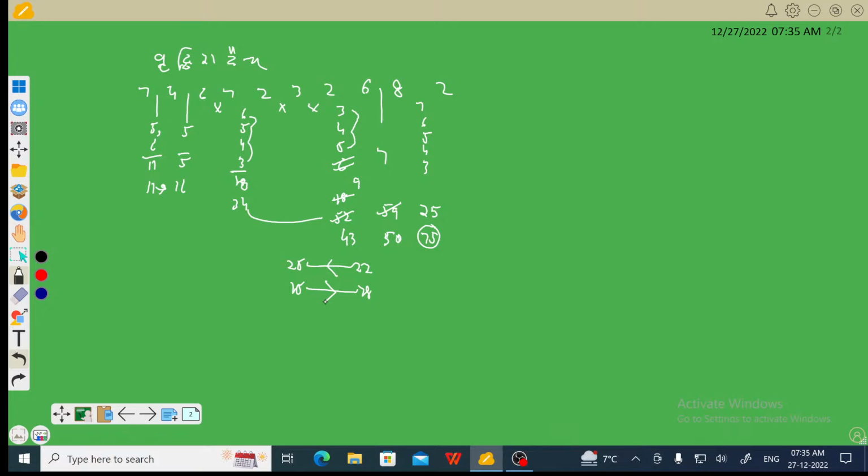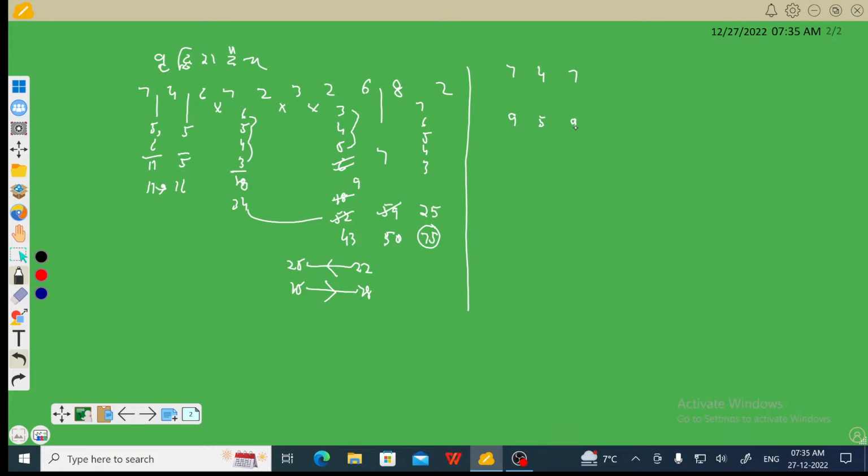Now, further we can see that if we have the value 7, its factors are 9. 4, its factors are 5. Then again 7, factors are 9. Then 2, the factors are 2. Then 3, the factors are 3. Then 2, the factors are 2. Then 6, factors are 8.